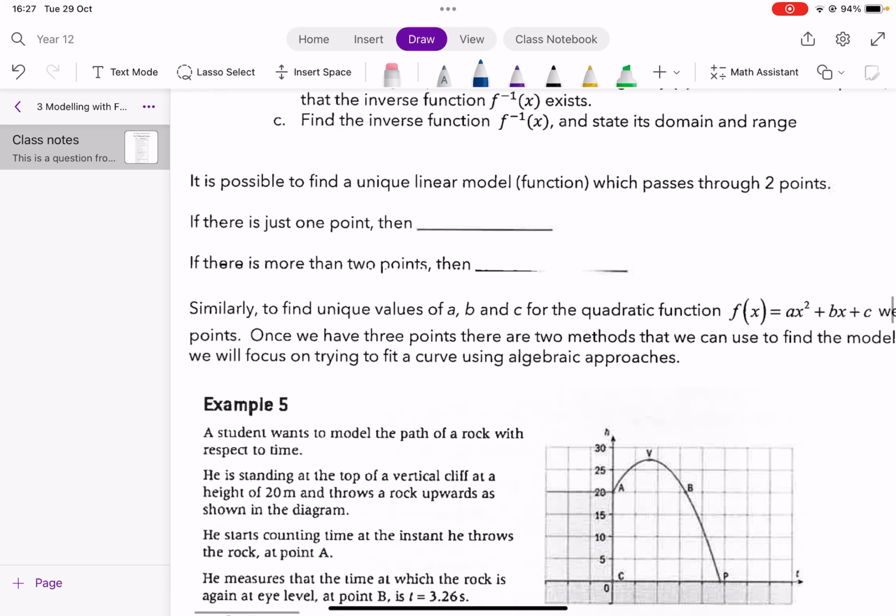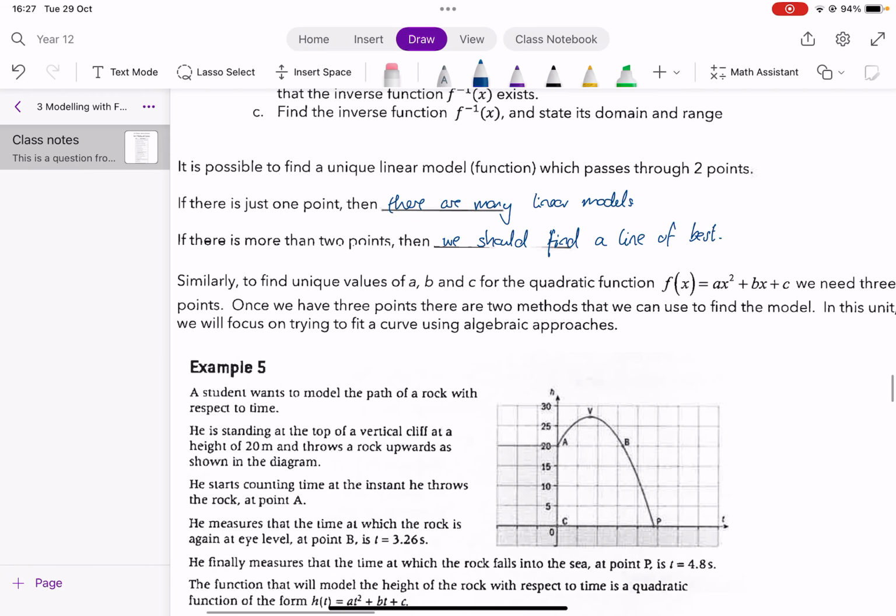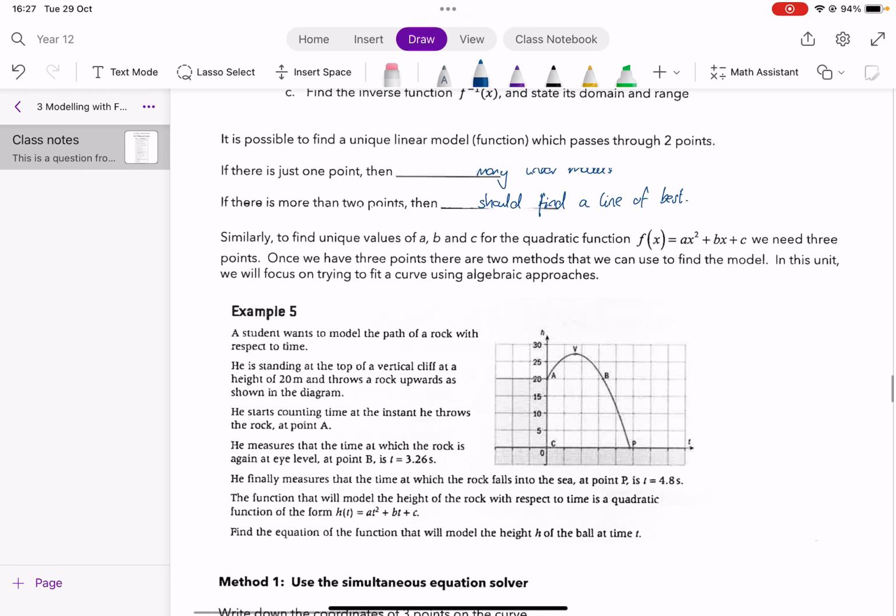So if there's just 1 point, there are many linear models, and if there are more than 2 points, then for now I'm going to say find a line of best fit. In our next unit, we'll start exploring something called regression, and we'll talk about how to find a slightly more accurate version of a line of best fit.